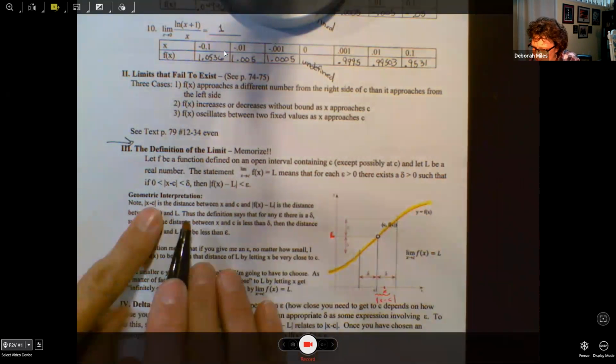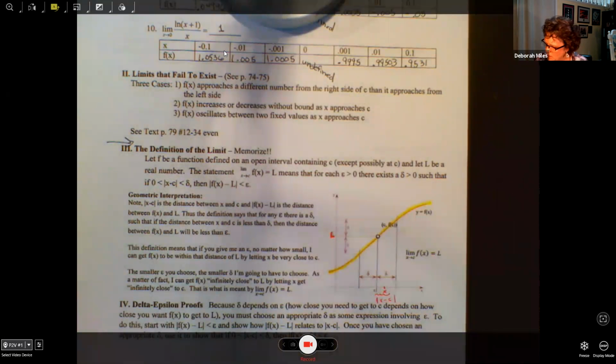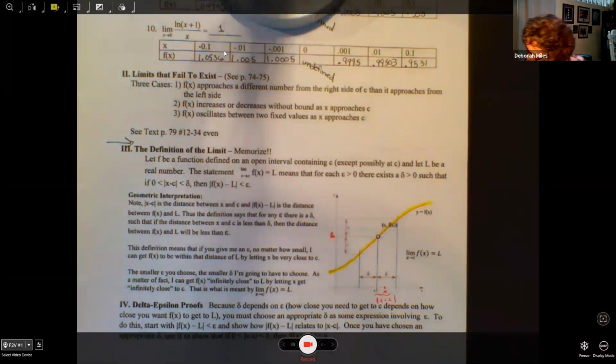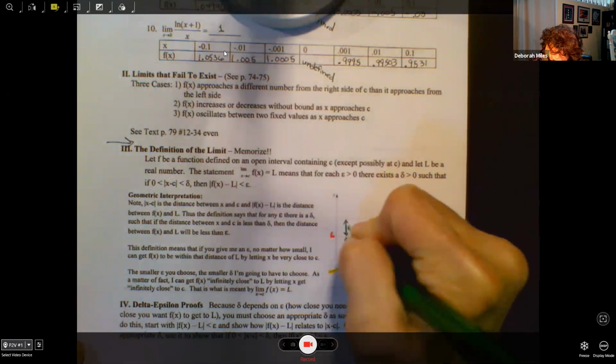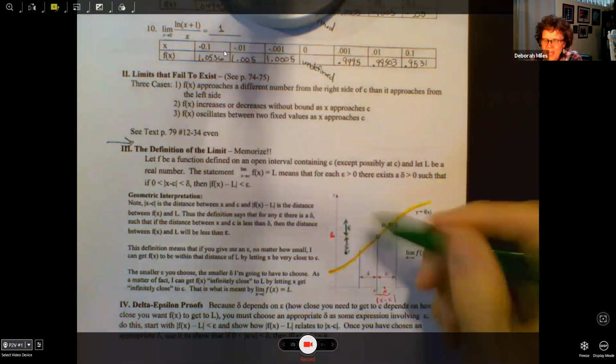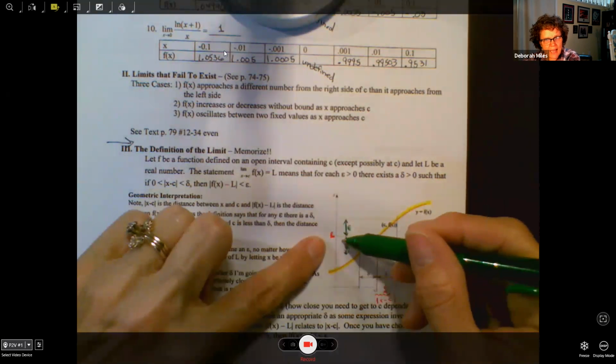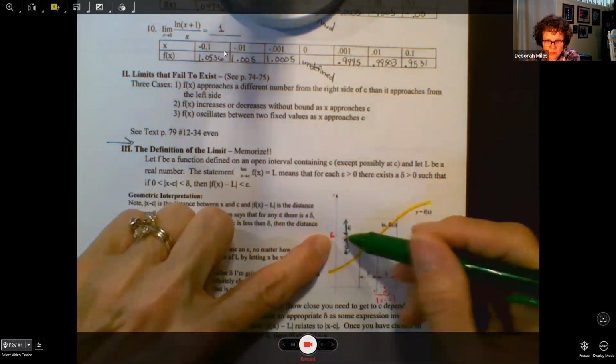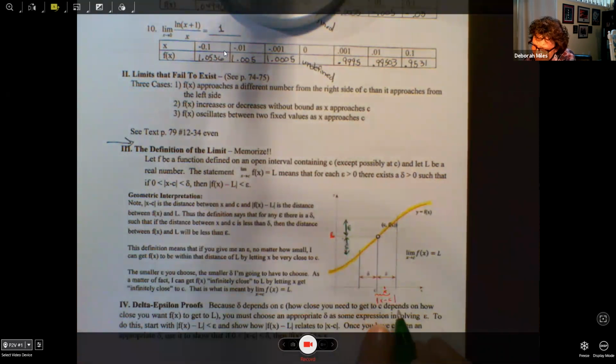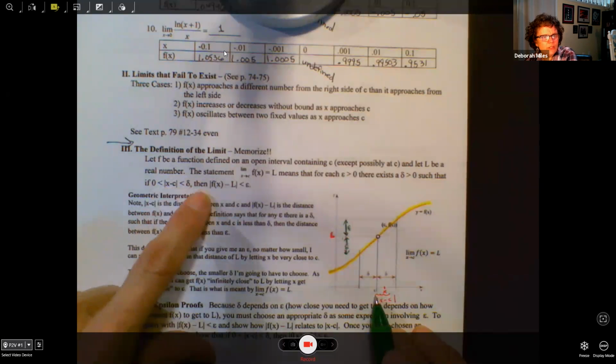The definition of a limit says no matter how small of an epsilon you give me, and again, that's the radius of the circle in our target, no matter how close you tell me I have to get to that function value being L, I can get that close by choosing an x that's sufficiently close to c, an x that is within delta units of c.